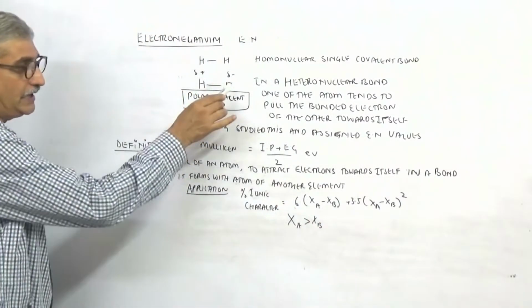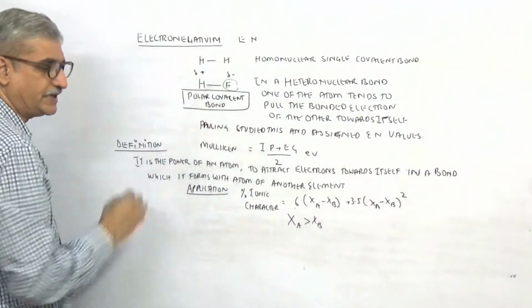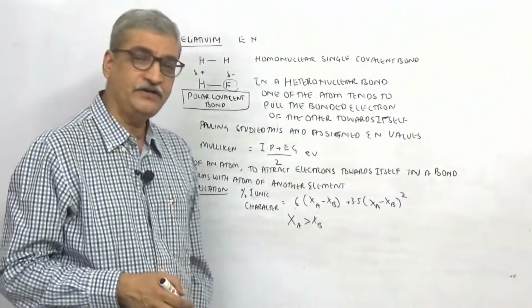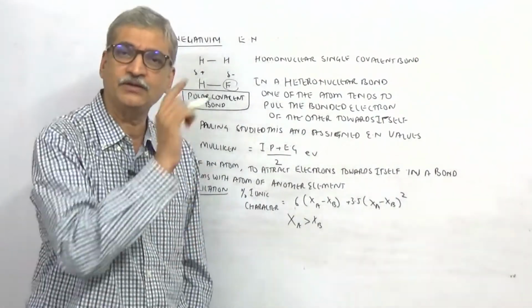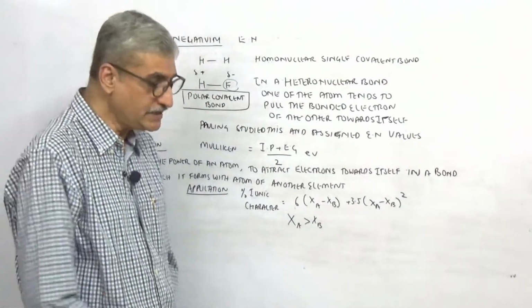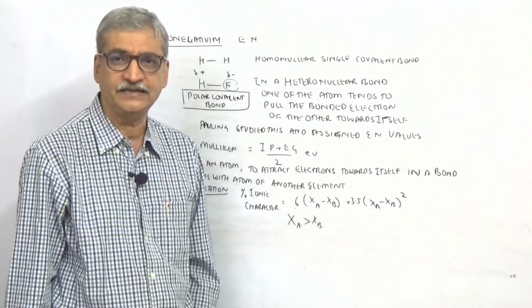So for fluorine and hydrogen, 6 into (4 minus 2.1) plus 3.5 into (4 minus 2.1) the whole square. That will give you percentage ionic character. This is a question which they normally ask in entrance exams. Calculate the percentage ionic character.